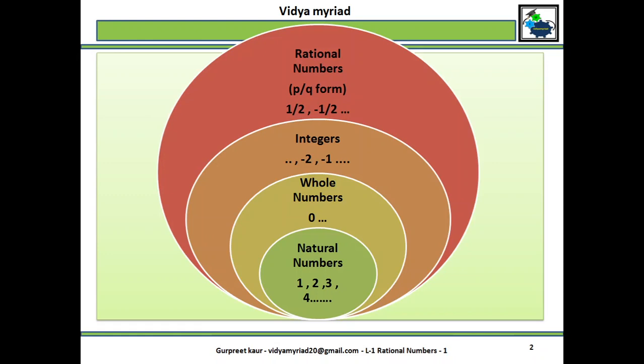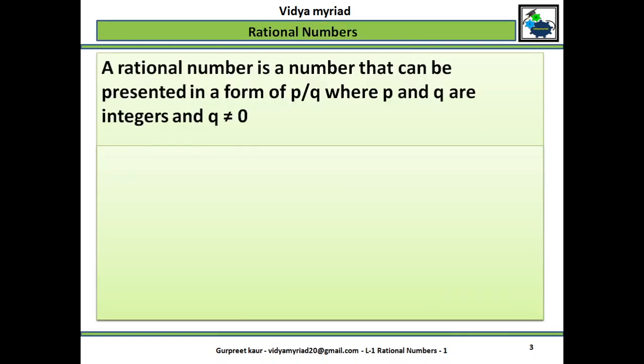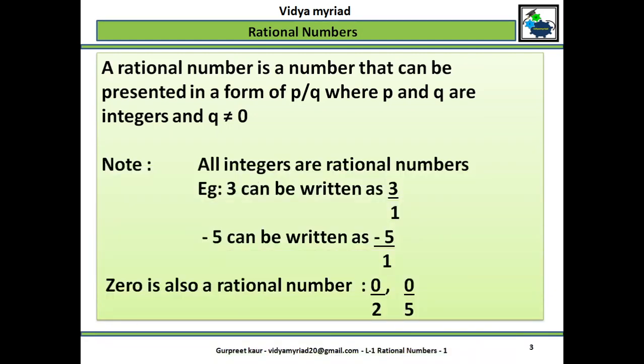So students, if I have 2 as a number, I can write it in a fraction form also by writing 2 upon 1. So let us understand what rational numbers are. A rational number is a number that can be presented in the form of p upon q, where p and q are integers and q is not equal to 0. So if I say 3 as a number, 3 is an integer, I can write that 3 in the form of 3 upon 1.